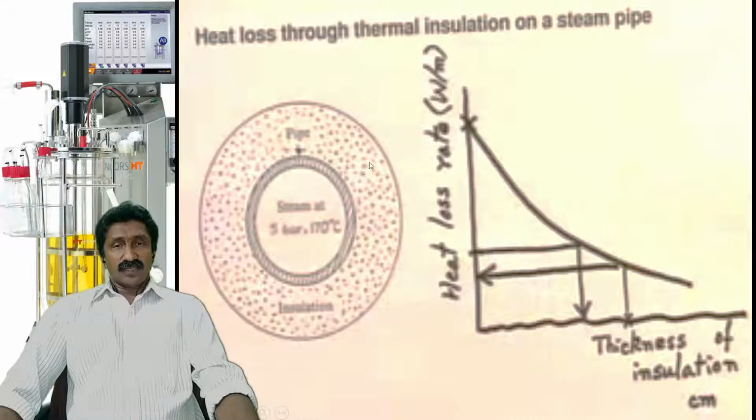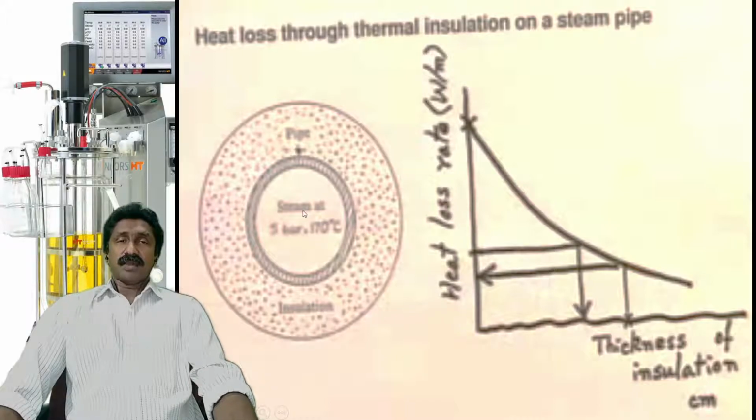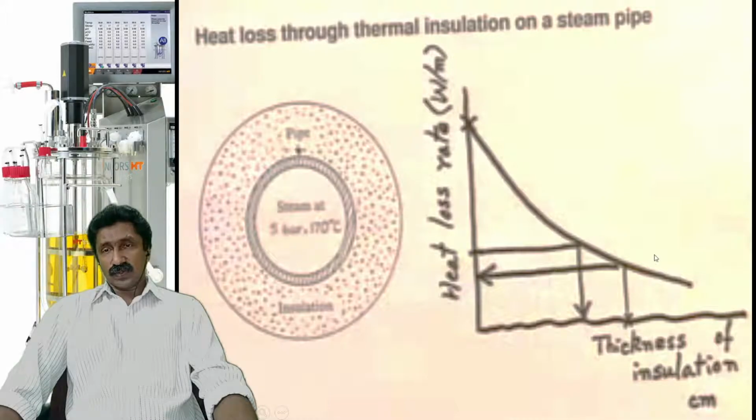So the quality of the insulation and thickness of the insulation is important while you are designing such a pipe for transferring the steam. Here, this graph shows that with the increase in the insulation, there is a reduction in the heat loss. So if there is more thickness for the insulation, then heat loss will be minimum.